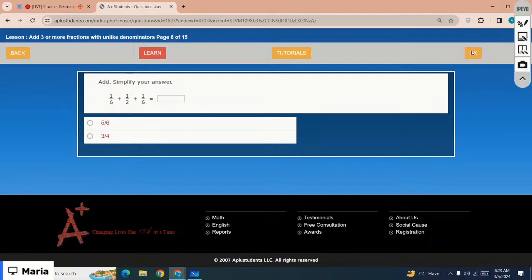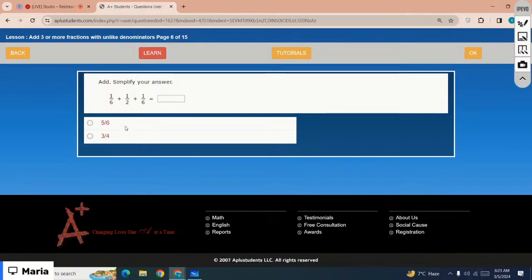1 by 6 plus 1 by 2 plus 1 by 6, which is the correct option? Yes, the correct option is 5 over 6.